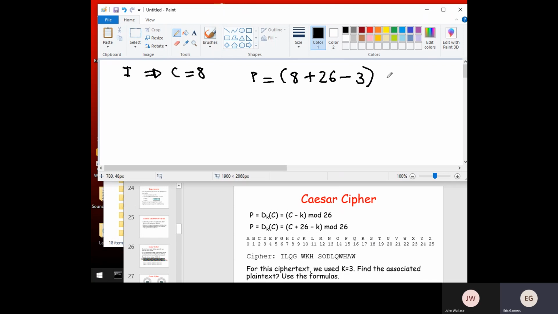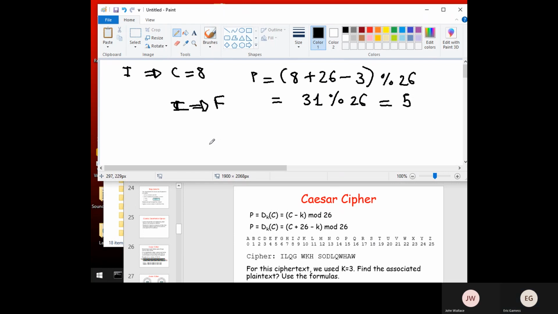We know that the key was 3, modulus 26. So 8 plus 26 will be 34. 34 minus 3 will be 31, isn't it? Modulus 26. And 31 modulus 26 will give me 5, isn't it? And 5 is an F. So the I is an F. So the plain text starts with an F.